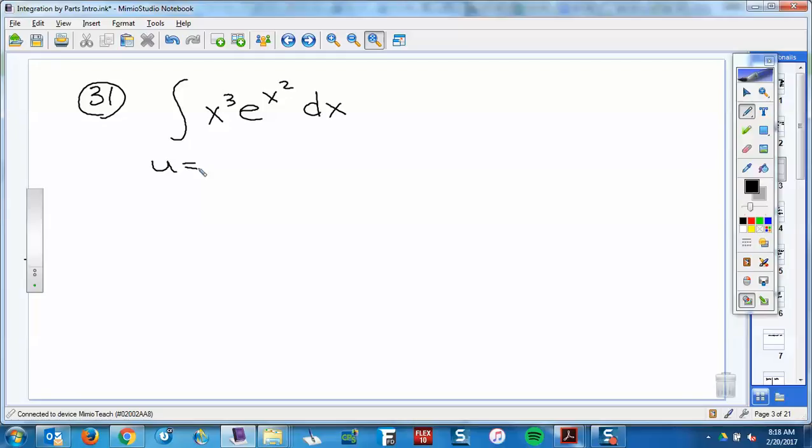That's what u substitution does. That's what integration by parts does. It essentially turns it from one integral into another integral that hopefully we can do. Integration by parts might turn the integral into one we have to do u substitution on. So that's what 31 is about. They're giving you a hint: u substitution is going to turn this into an integral that we can do integration by parts on.